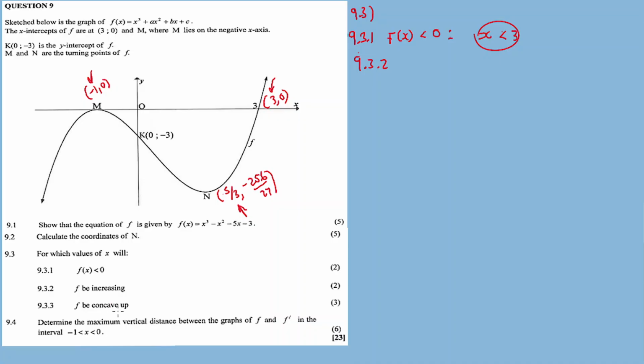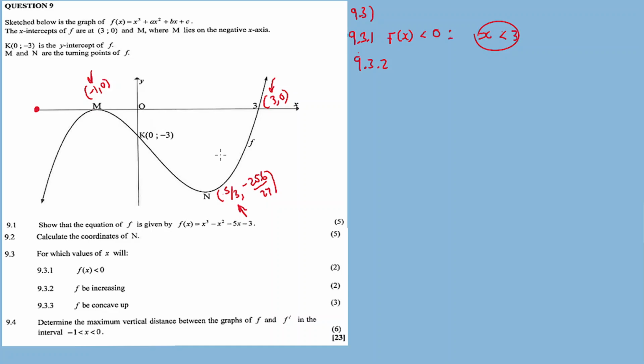Look again, we start here going to the right, from left to right. If the graph goes up, it's increasing. If the graph is going down, it's decreasing.